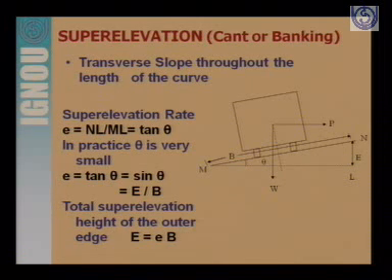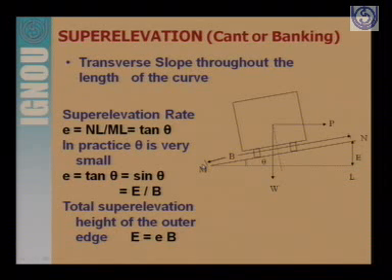From the point of view of trigonometry, this ratio is simply tan theta. So the super elevation rate, which is the ratio of this rise to the width ML, is equal to tan theta.